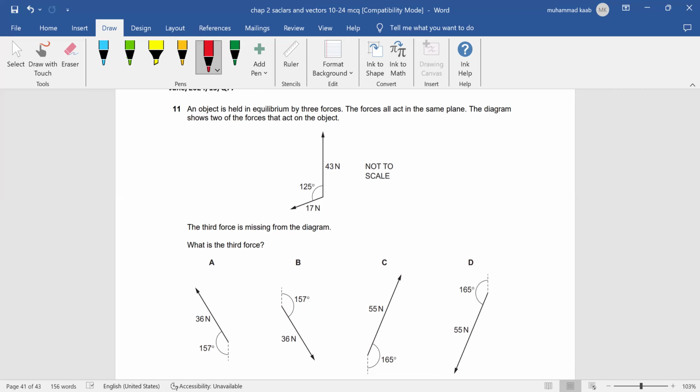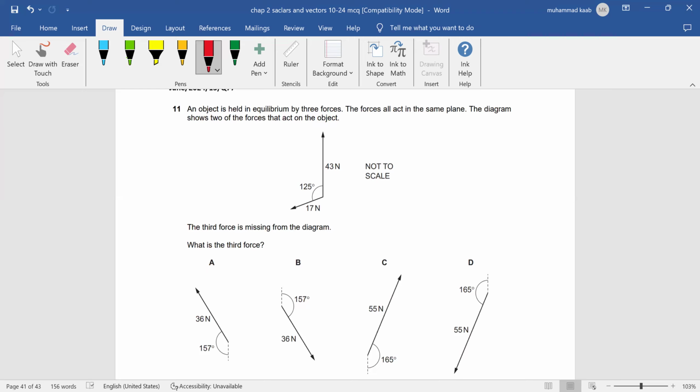Yes, what will you say? Sir, equilibrium means the upward force is equal to the downward force. Look, the upward force equals the downward force and leftward equals rightward, for the vector resolution method.